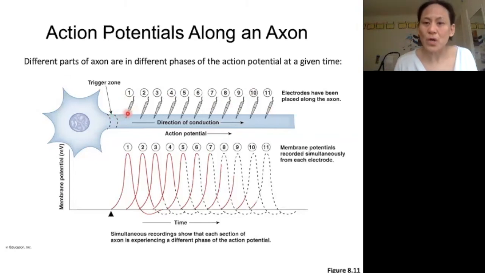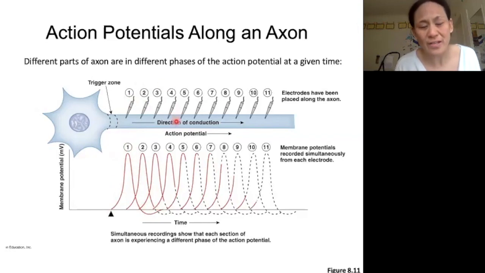So if we were to record from all 11 of these locations on an axon, which is actually physically impossible, we would see that when this region of the axon is just finishing or almost finishing its action potential, the red is what has already happened and the dotted line is what is going to happen, right? So here we're just finishing our action potential.